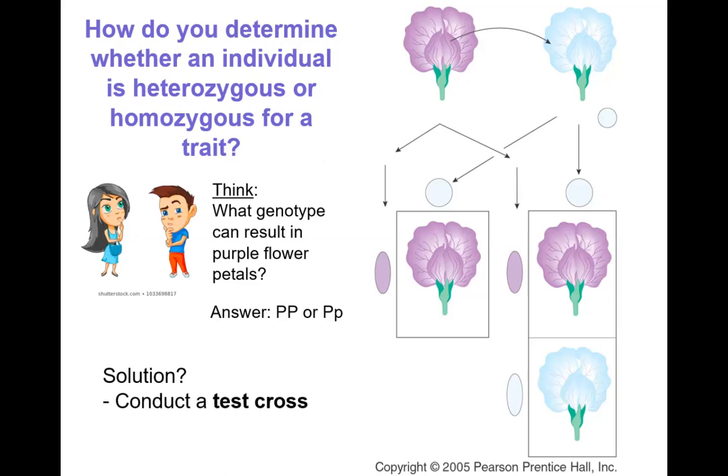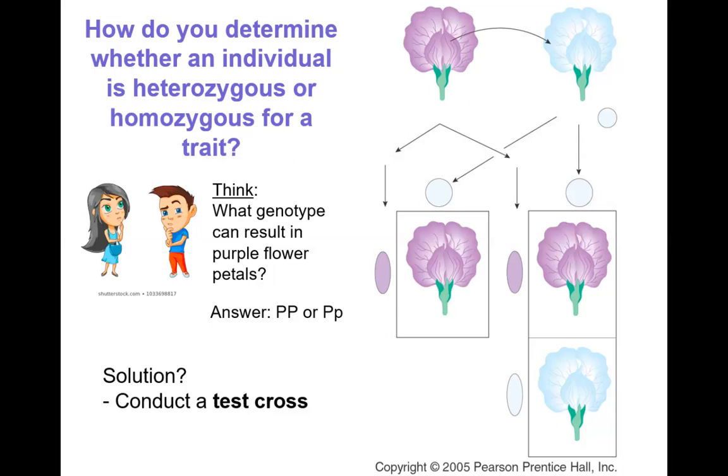Essentially, you would use a pure recessive, or homozygous recessive, flower that has a recessive allele and see if you can get it to express itself. Because if one of these two purple flowers is heterozygous, that means it harbors a recessive allele right here. And then in the next generation, there would be a chance for the offspring to show the white flower trait.